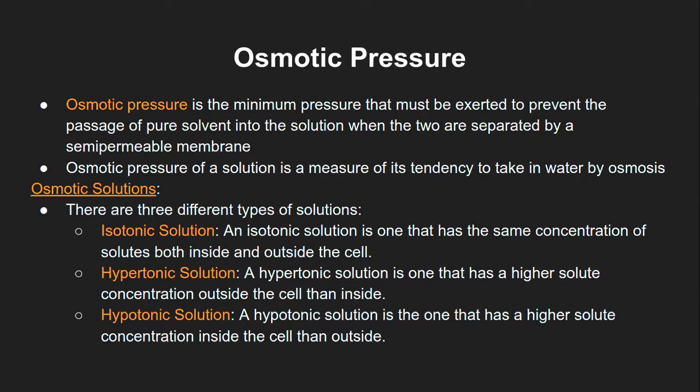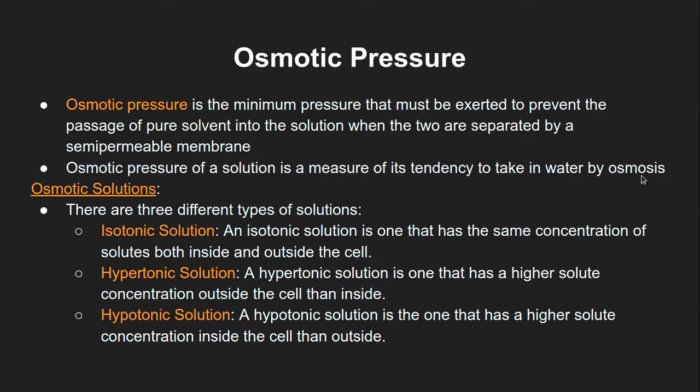That pressure is nothing but the osmotic pressure. In other terms, osmotic pressure of a solution is the measure of its tendency to take in water by the osmosis process. That means just to let the osmosis happen, whatever pressure is required, that is called osmotic pressure.